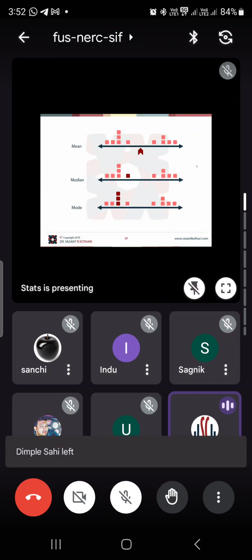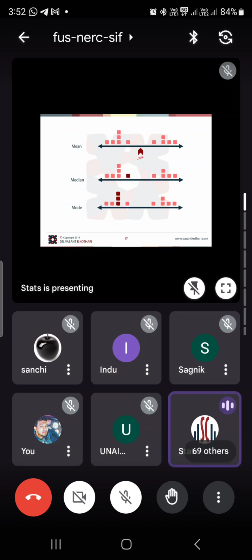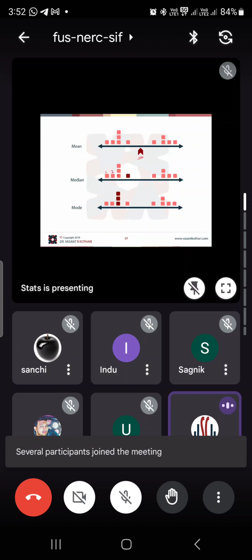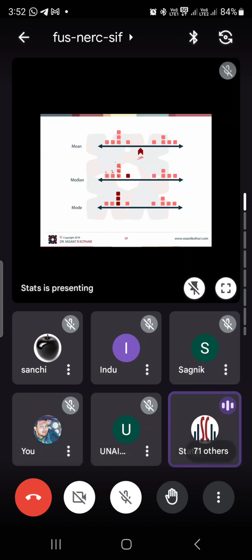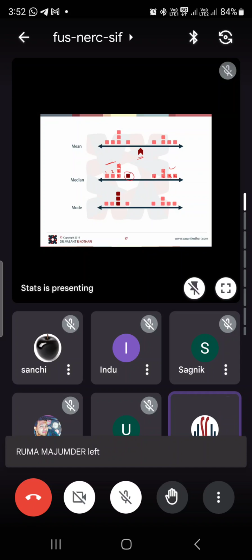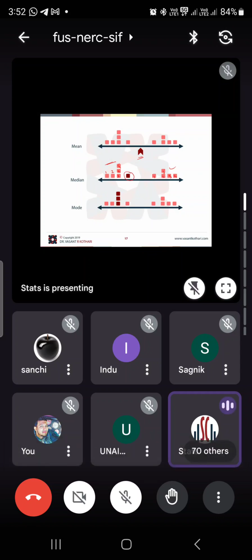See the mean. Mean is a balancing point, the center point. Now what is the median? You can see 5 numbers this side, 5 numbers this side, and this is the center number. What is the mode?